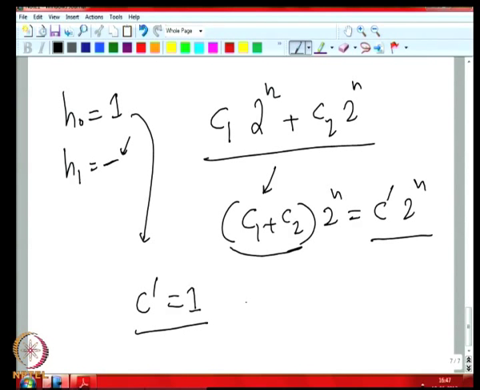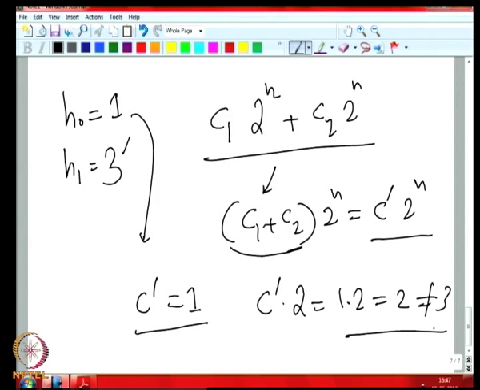Now, suppose h1 is equal to some a. So put n equal to 1, we will get c dash into 2, that is 1 into 2 is equal to 2. So if this a was not equal to 2, suppose I take a equal to 3, then 2 won't be equal to 3, right.